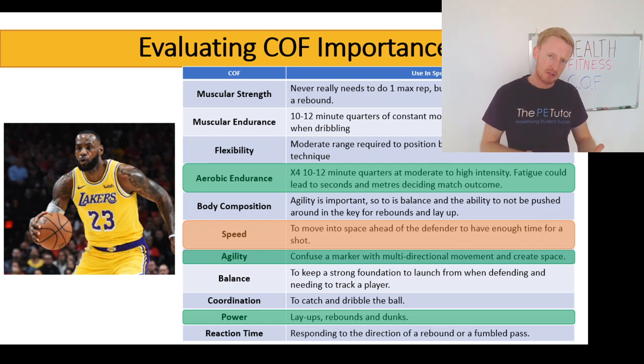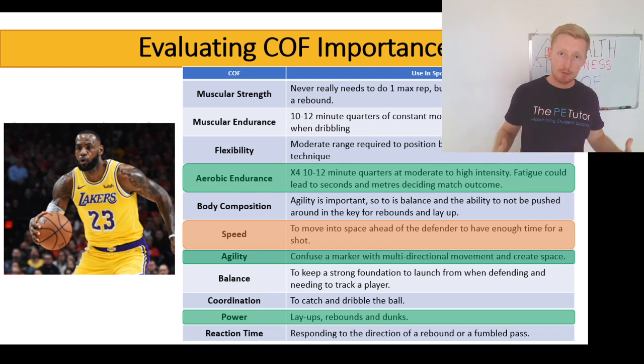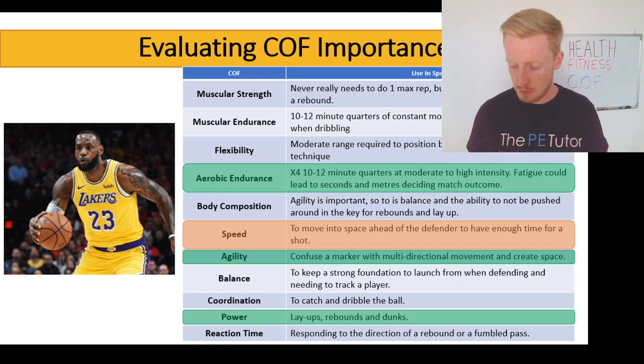So speed might not be essential, but it could help. If you are a quick person and you are needing to cover a lot of space quickly, then speed will be a brilliant asset to have.